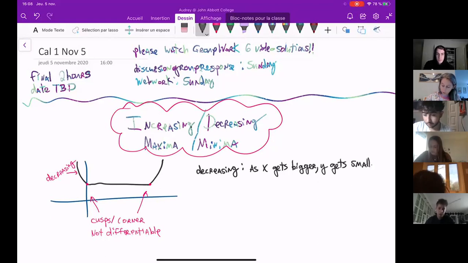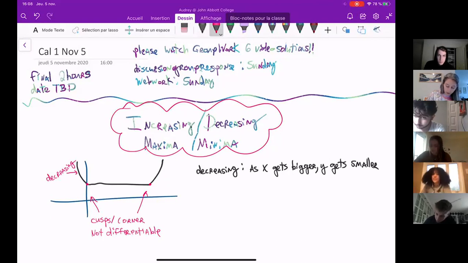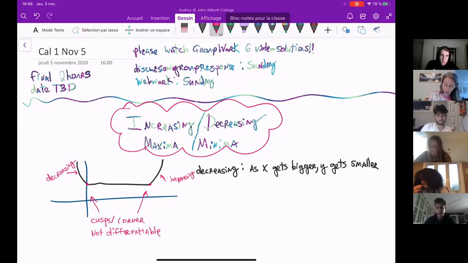And so then over here, what happens to my y values as my x values get bigger? It's increasing. Exactly. So we say that this portion of the function is increasing, because as x gets bigger, y also gets bigger.